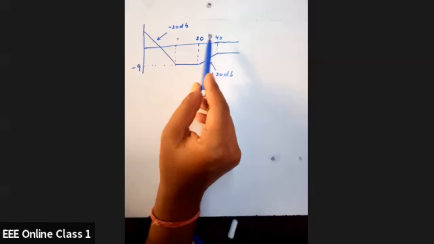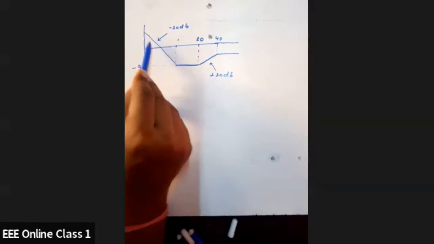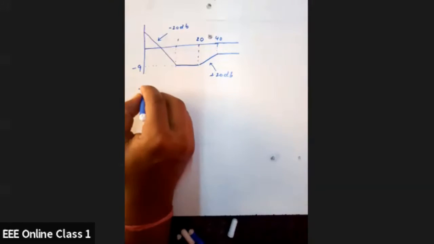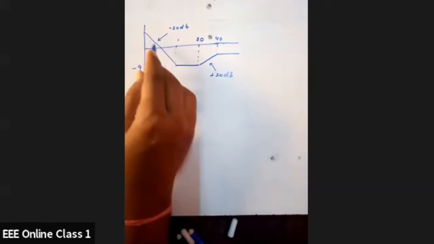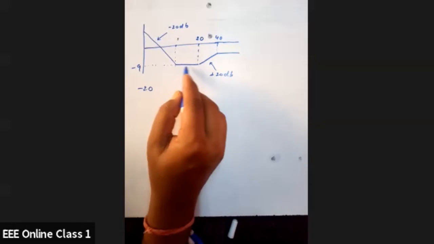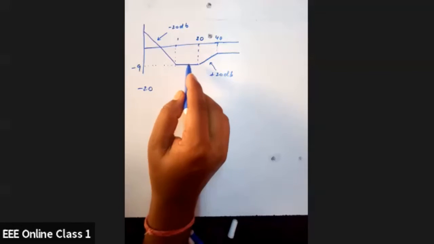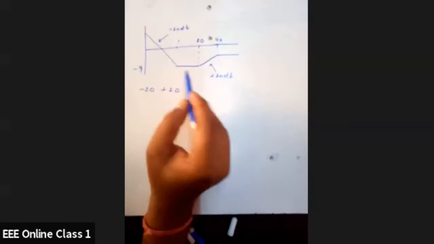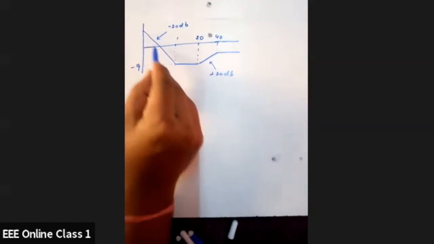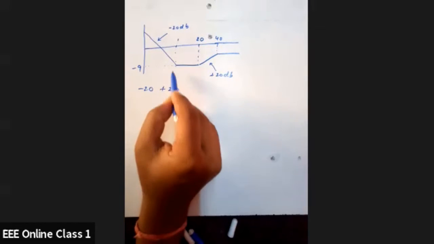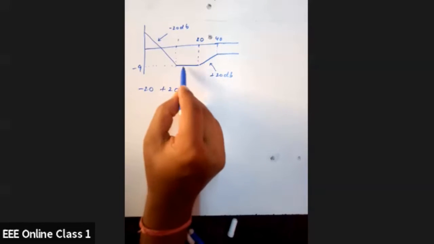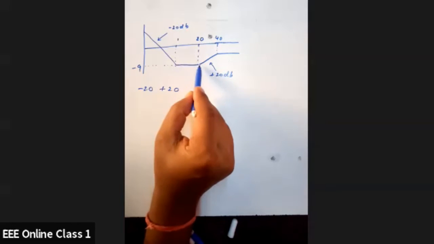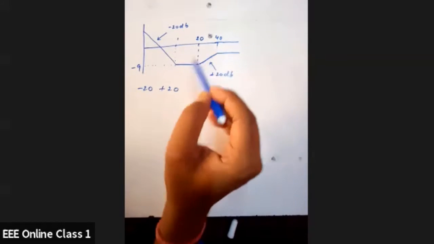So let us see the slopes first. The first line is minus 20, and then now it is 0. So there is a slope of plus 20, minus 20, and then plus 20. Now after this there is a slope of plus 20.